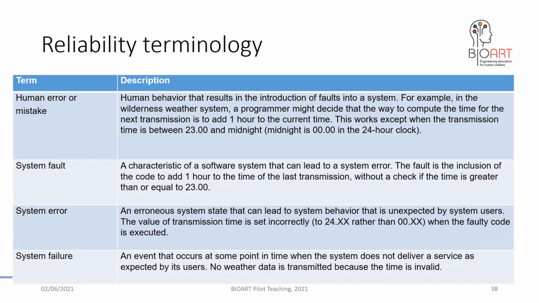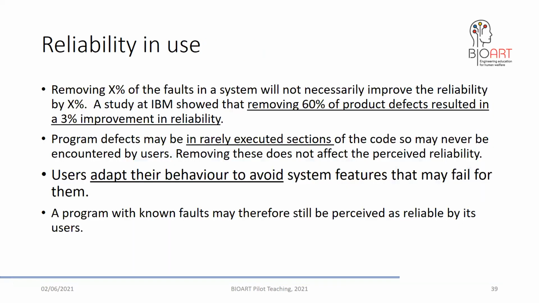System error, when the software system leads to an error. System fault. System error is when the behavior of the system is unexpected from the point of view of users. And system failure, the event that occurs at some point in time when the system does not deliver a service as expected by its users.